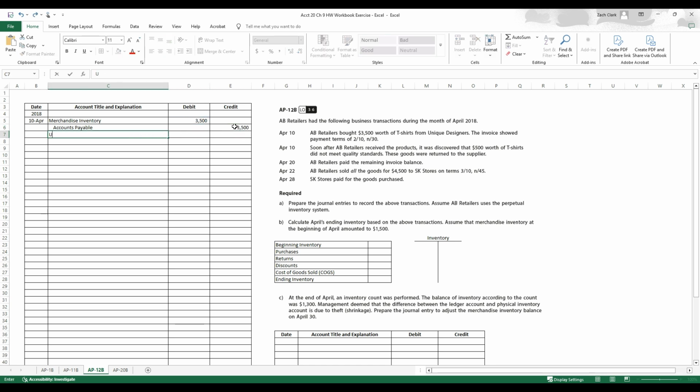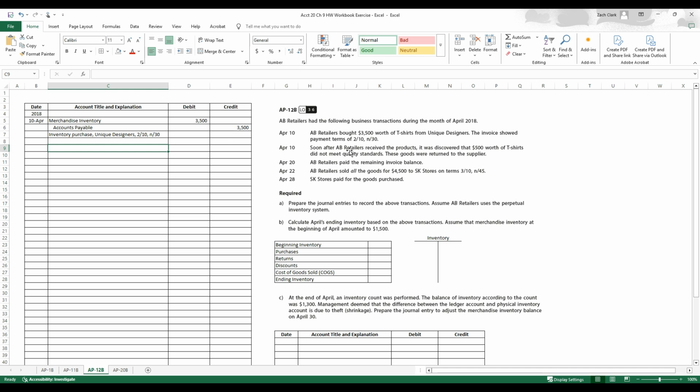And this is from, so we'll say inventory purchase, unique designers, 2/10 net 30. Okay.